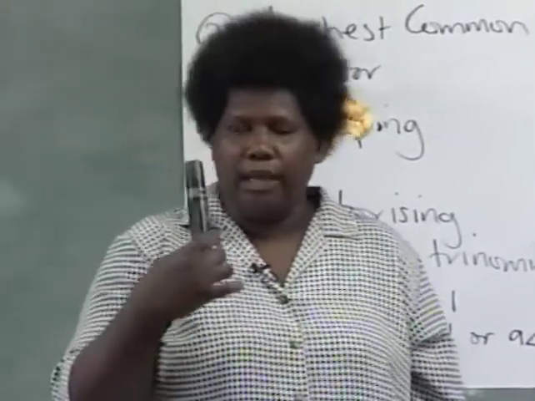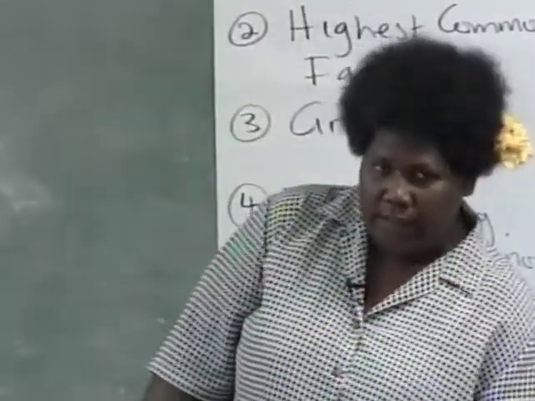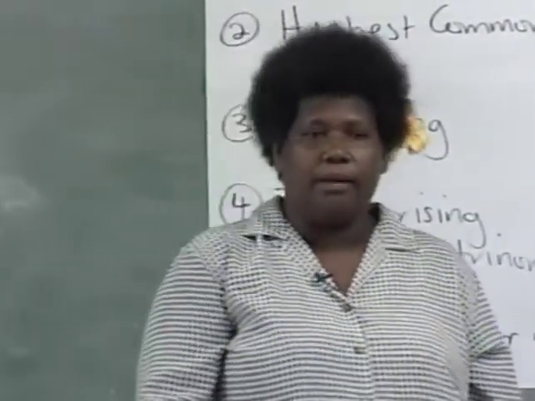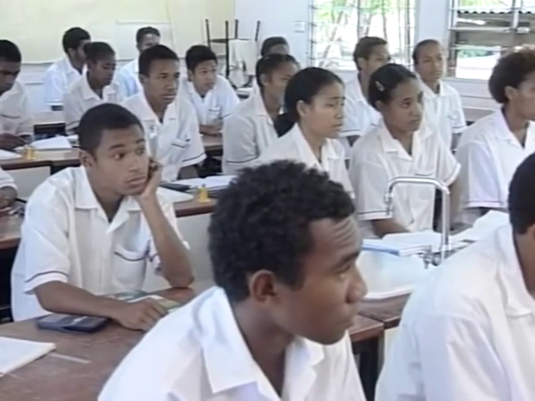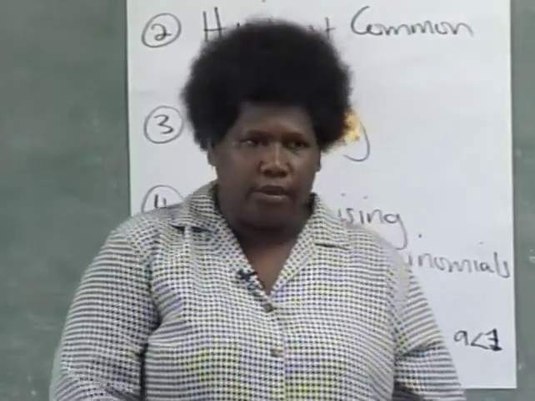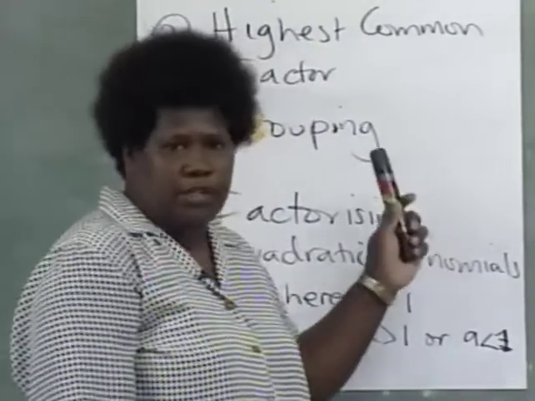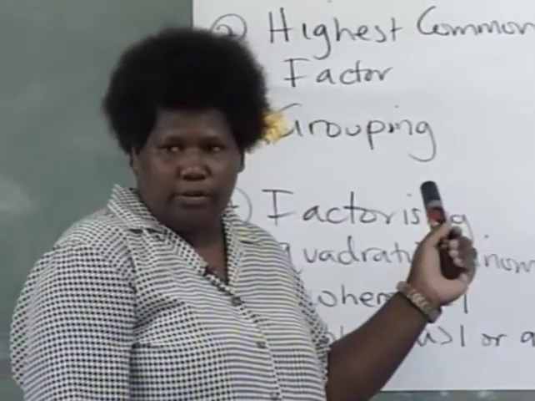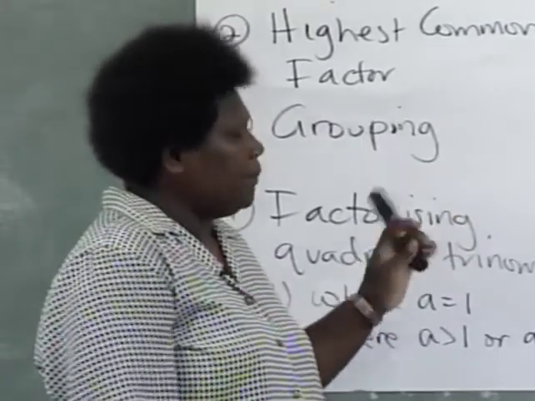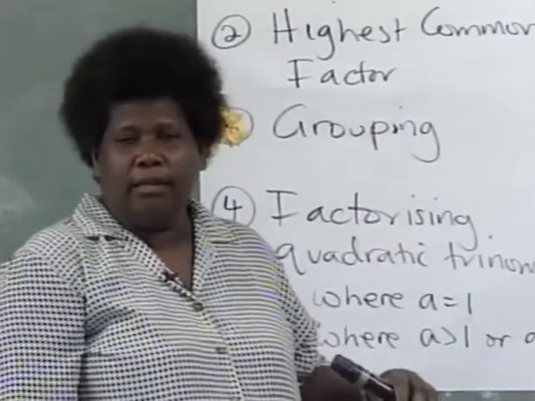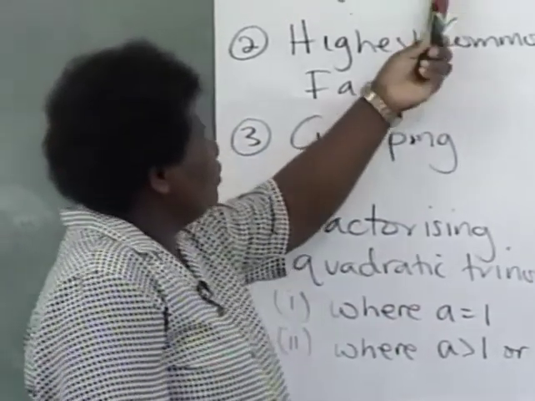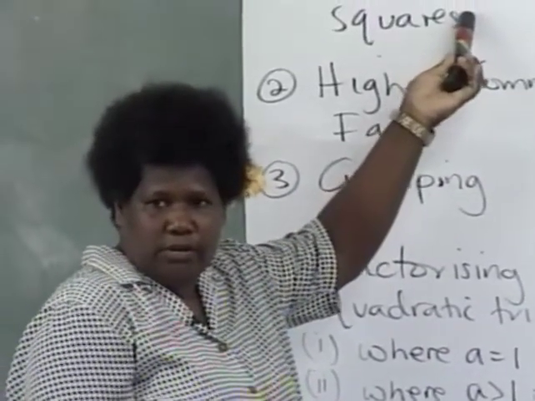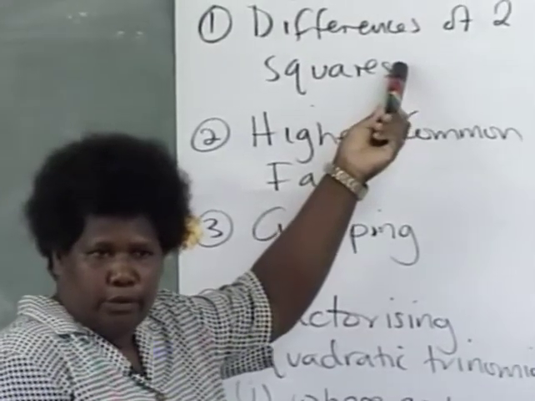Now, if you are given a question in a test, listening, or an assignment, you will not be told what method you are going to use. You will just be told factorize. You have to decide by looking at the expression what method you are going to use. You have to know what a difference of 2 squares looks like before you use it.